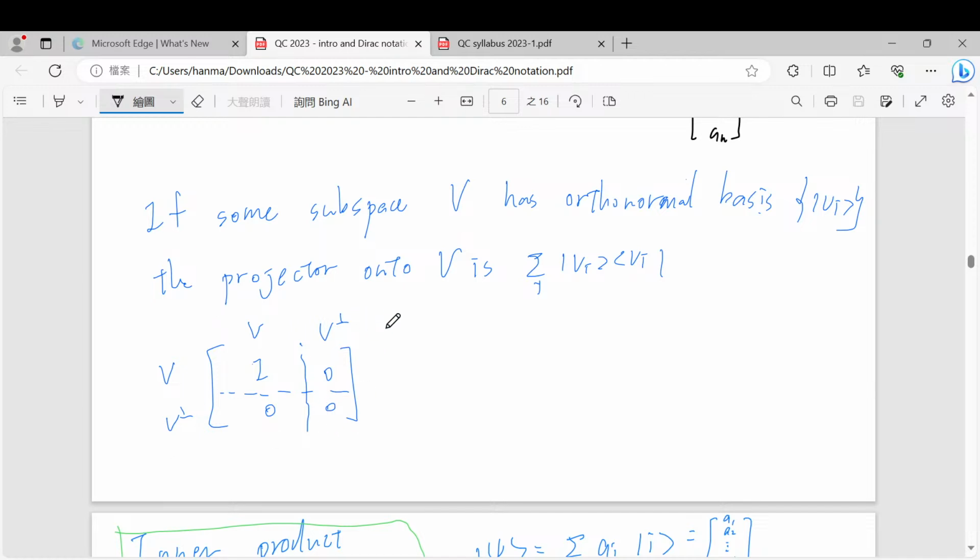And why is it called a projector? Because if you apply this thing onto some vector a1, a2, and so on, then you will be projected onto the V part. The vector also has a V part and a V-perpendicular part, and when you multiply those, you will get a1, that's on the V part maybe, and you will get 0 on all the other part. So that's why it's called a projector.